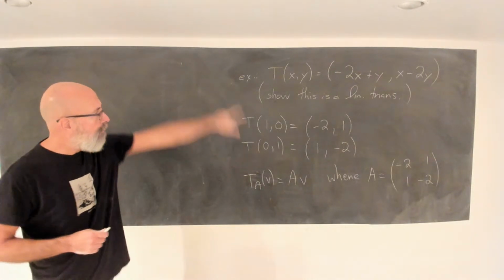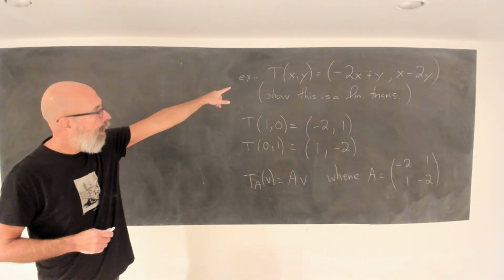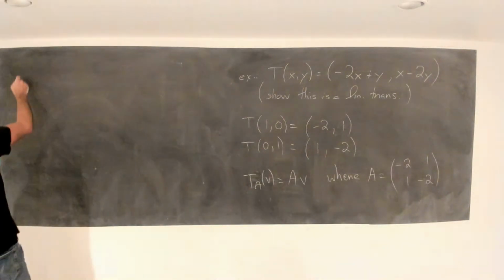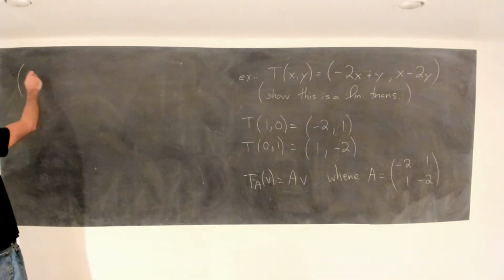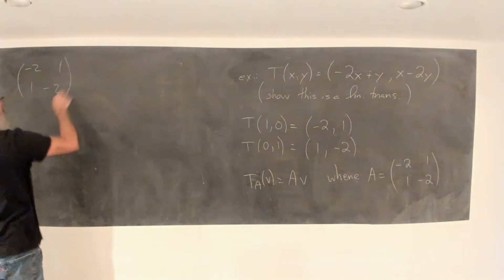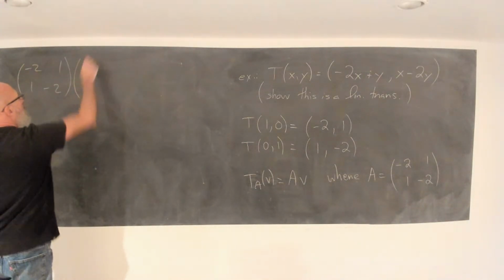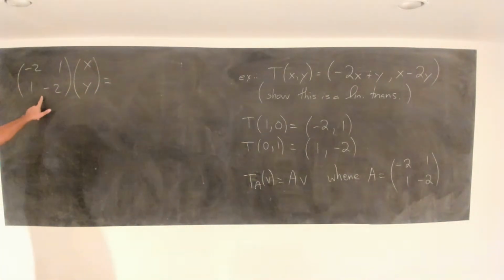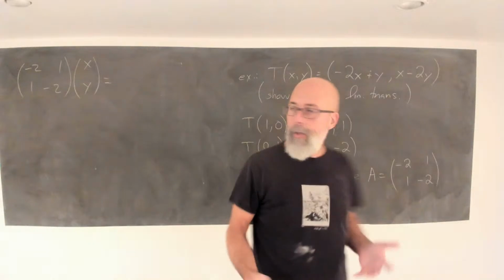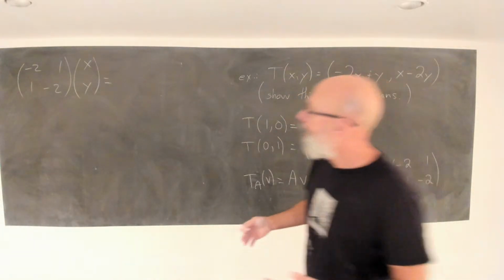Let's convince ourselves that our linear transformation is multiplication by this matrix, (-2, 1; 1, -2). What happens when you multiply this matrix by the vector (x, y)?